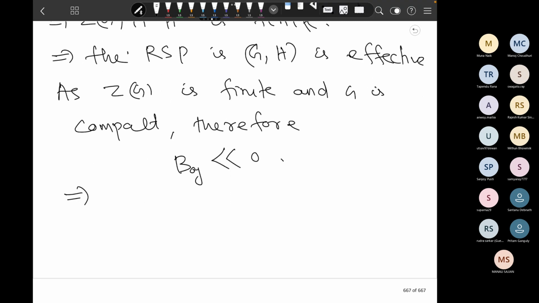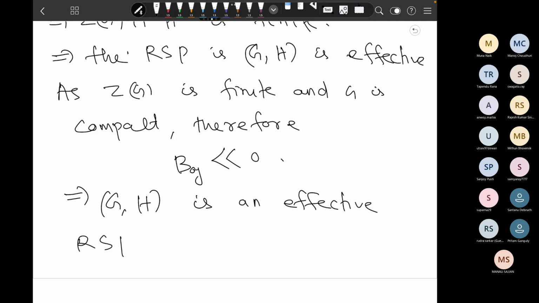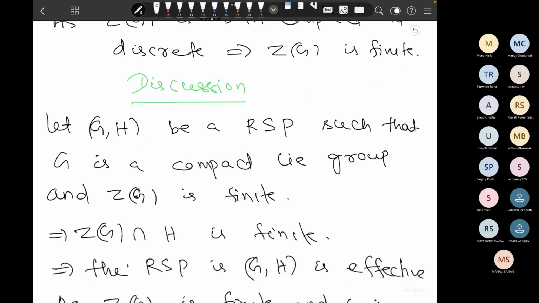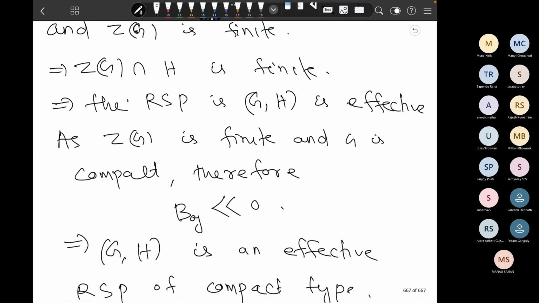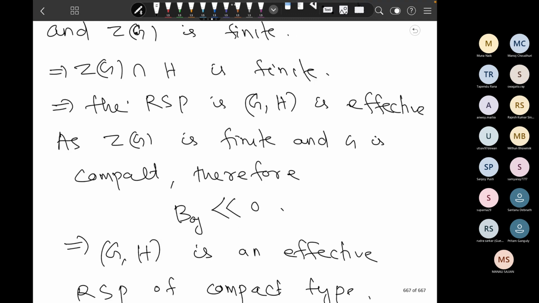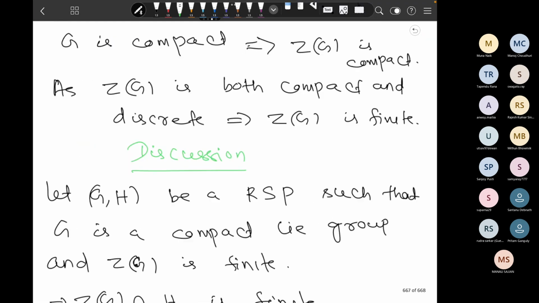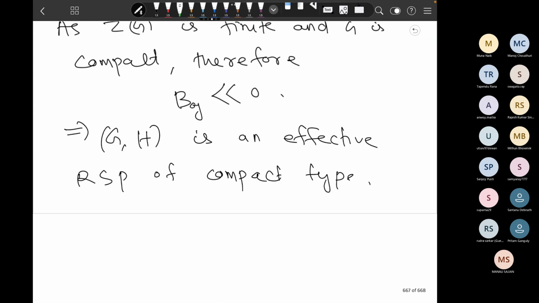This implies (G, H) is an effective RSP of compact type. So if G is a compact Lie group so that ZG is finite, then (G, H) is an effective Riemannian symmetric pair of compact type. Let us see the first example.